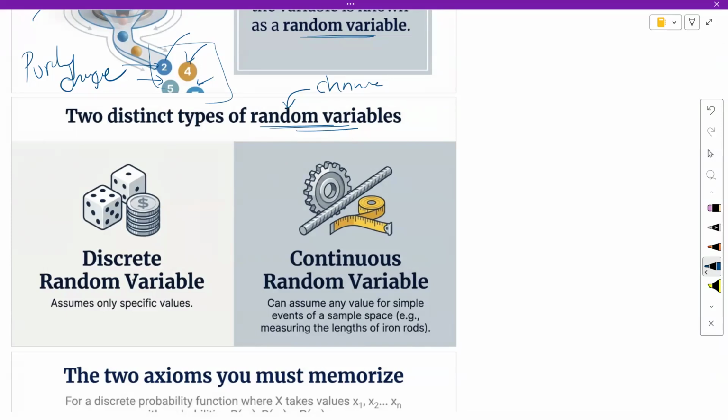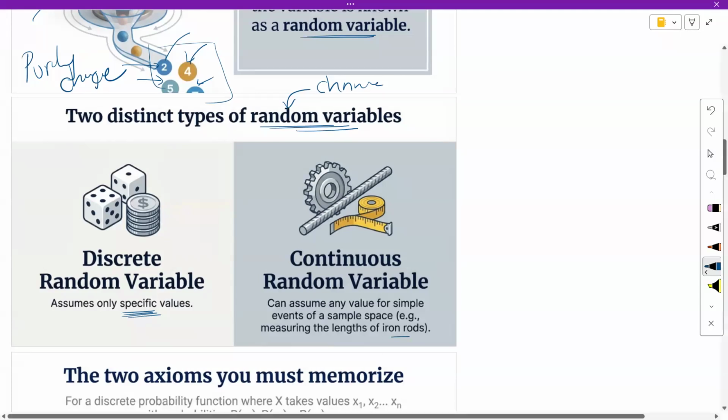Here there are two kinds of random variable. One is the discrete random variable, which assumes only some specific or predefined values. And the continuous random variable, which can assume any values for a simple event of a sample space. Example, measuring the length of an iron rod.